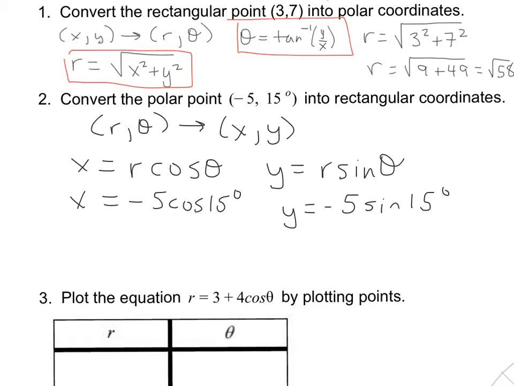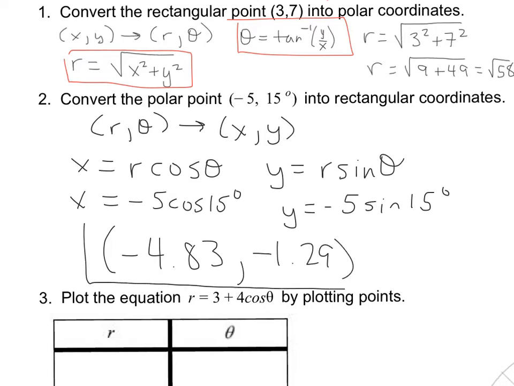So what I get for the 2 points, I'll go to 2 decimals, our x is negative 4.83. And the y is going to be negative 1.29. So this point is in the same place as negative 5, 15 in polar.